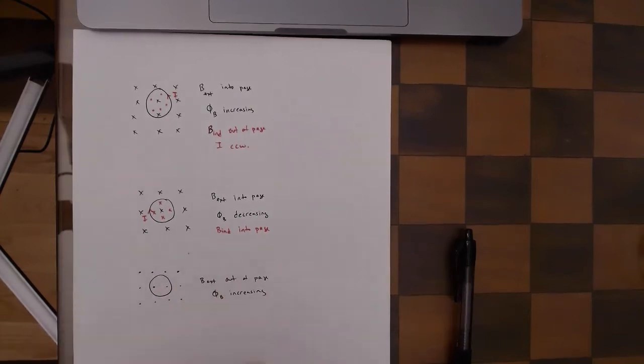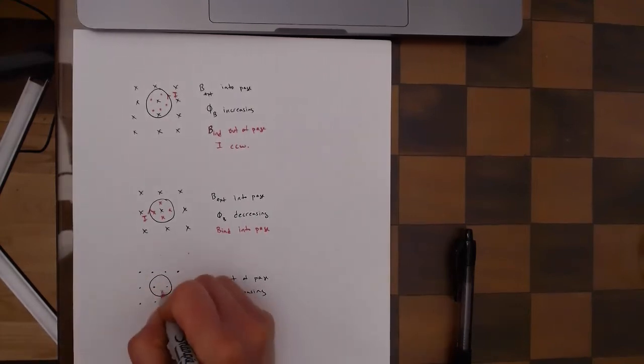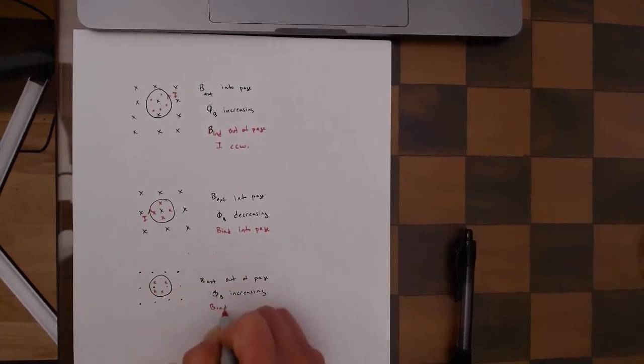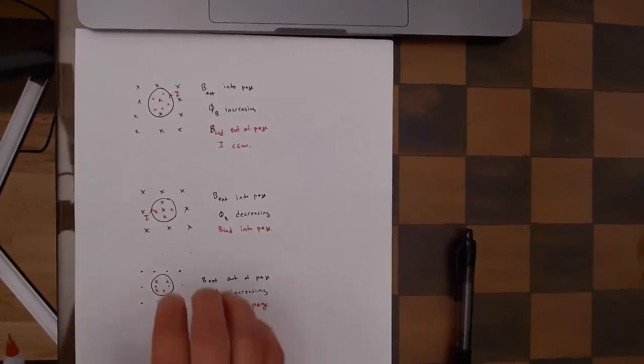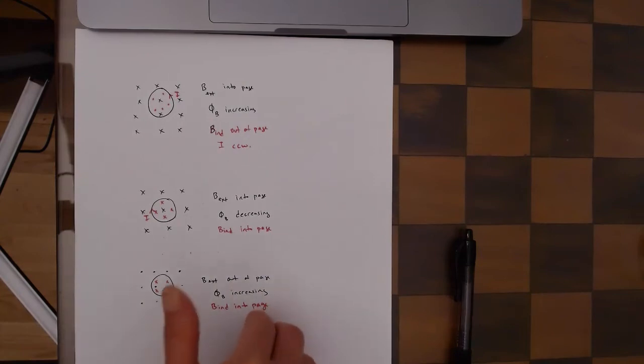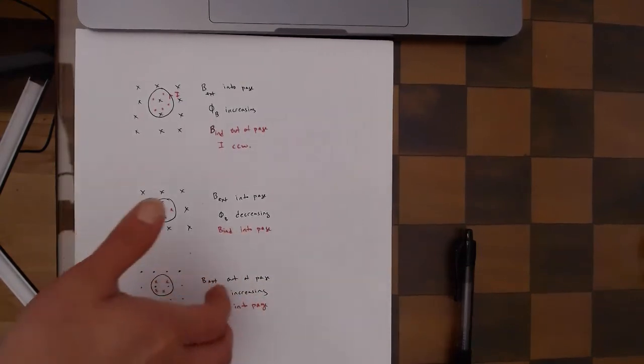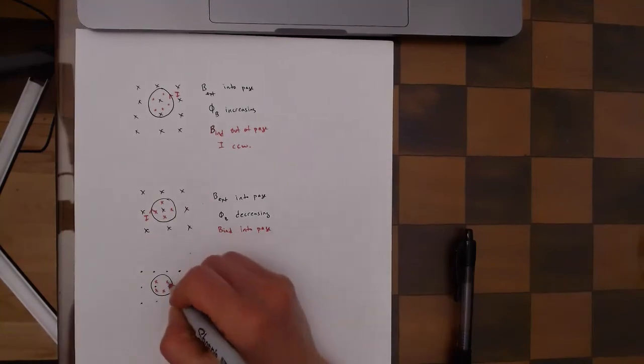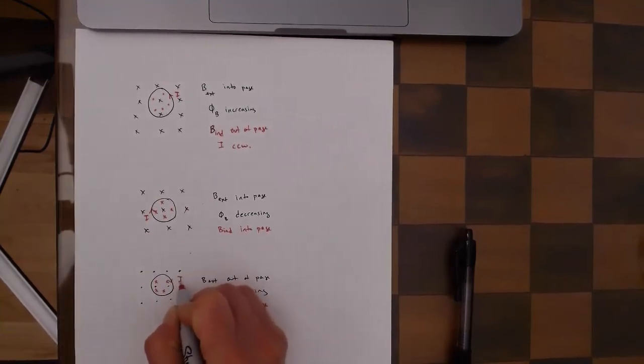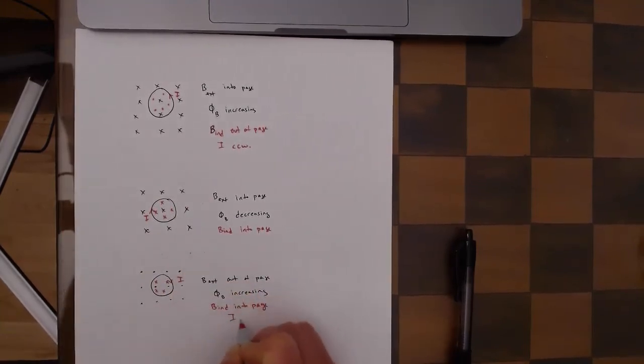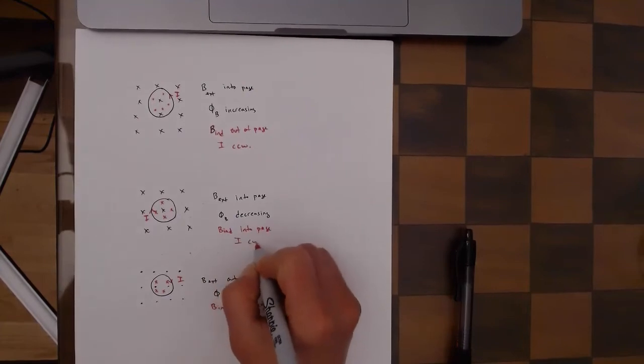If it's getting more and more out, the induced B field wants to go in. So the B induced would be into the page. And again, if you do your right-hand rule, if you have into the page on the inside of the loop, then your current has to be going around clockwise. Okay, this one is also clockwise.